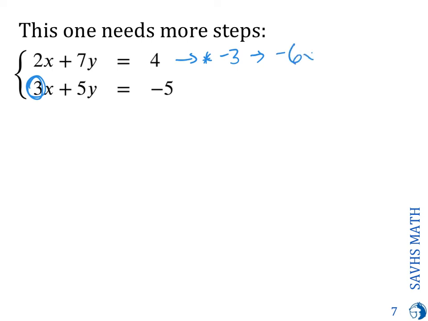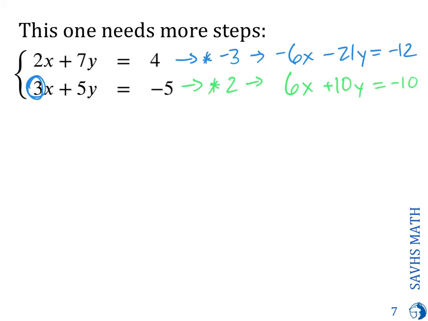negative 6x minus 21y equals negative 12. Now I'm not quite there yet, but I could take this equation and multiply it by 2. And then that would give me, ooh, look at that, 6x plus 10y equals negative 10.